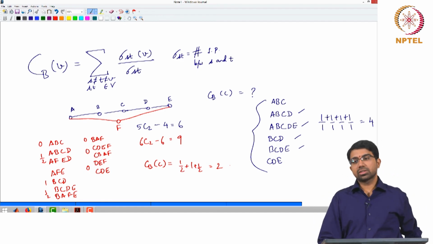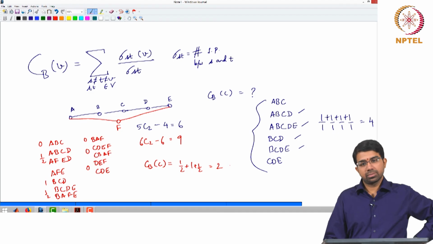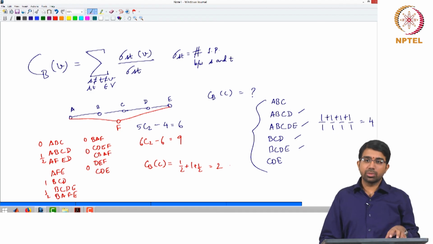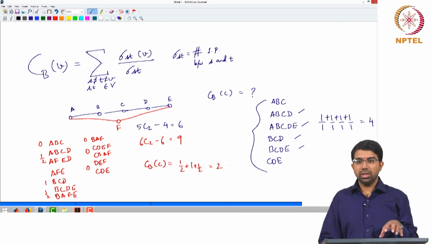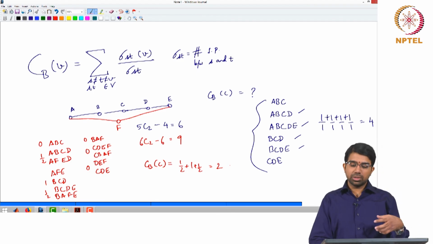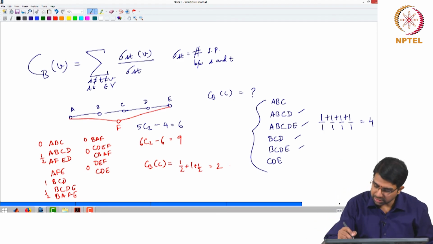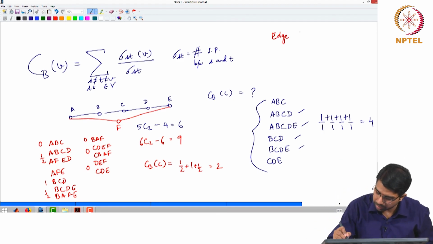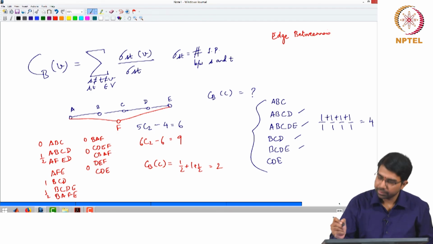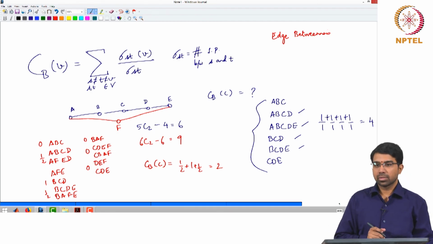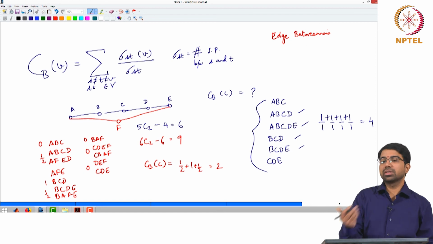So how would you extend this concept to edges? This essentially computes the betweenness of a given node in a network, right. You can extend the identical concept to edges, which is edge betweenness. How many times does an edge occur between other edges, right?